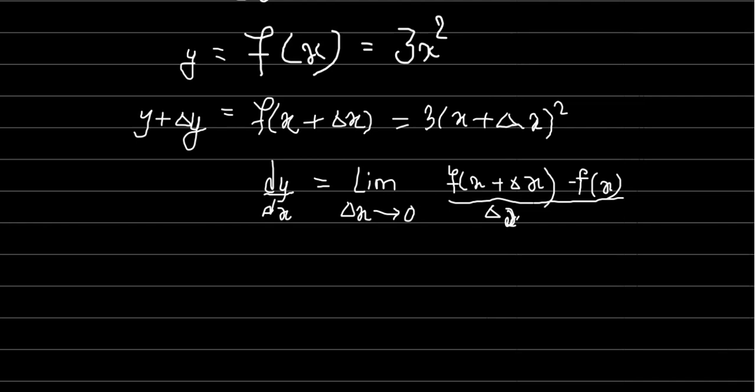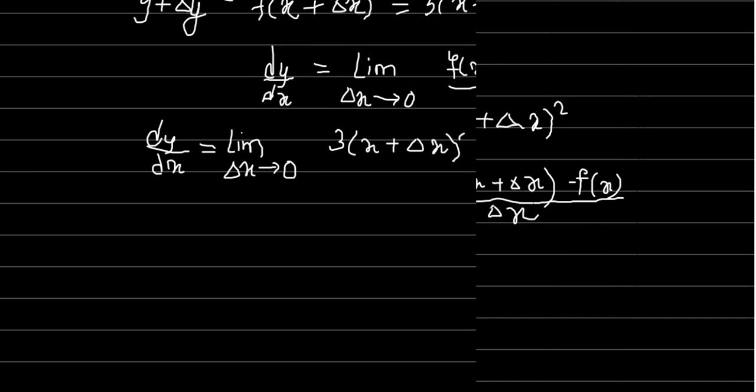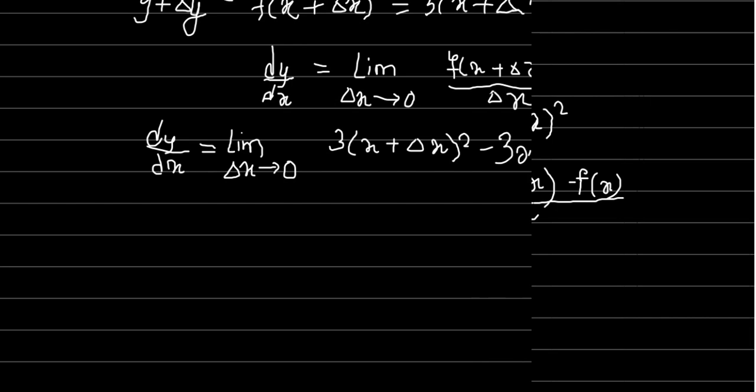Now f of x plus del x is 3 times x plus del x whole square, and fx is 3x square, so the whole thing is divided by del x.